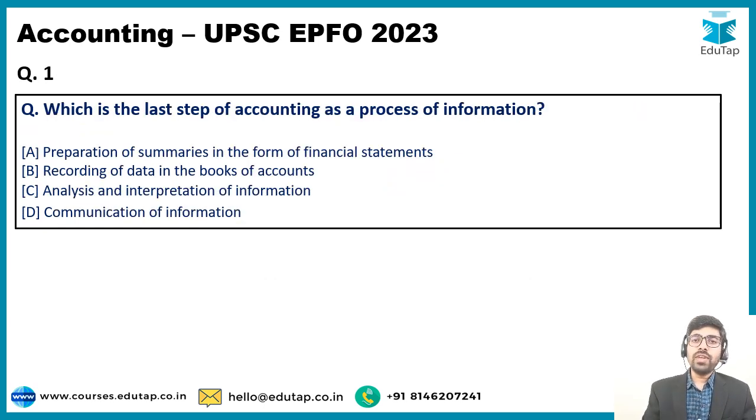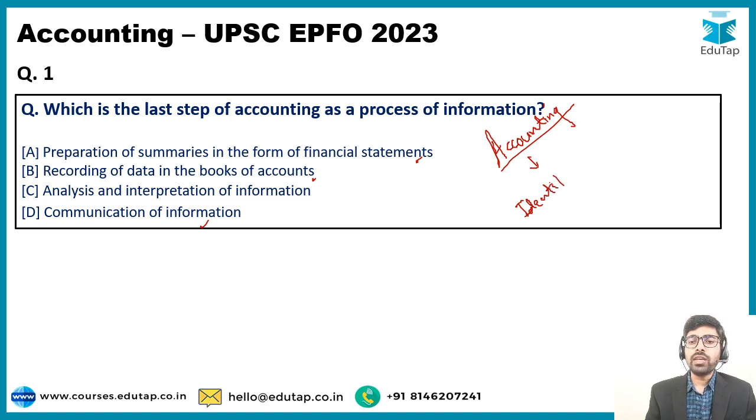So now let's come to the very first question for today's session. Which is the last step of accounting as a process of information? Accounting as a process provides information, and it comprises several steps to generate that information. The options are preparation of summaries in the form of financial statements, recording of data in the books of accounts, analysis and interpretation of information, and communication of information. So my dear friends, when we talk about the cycle or the process of accounting, the first step is to identify what all transactions are to be recorded in the books of accounts.